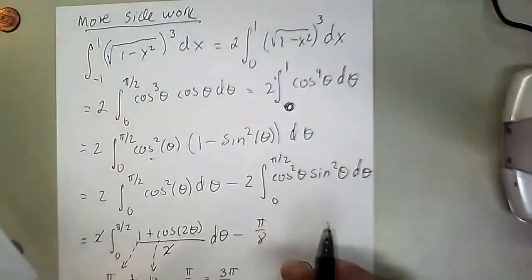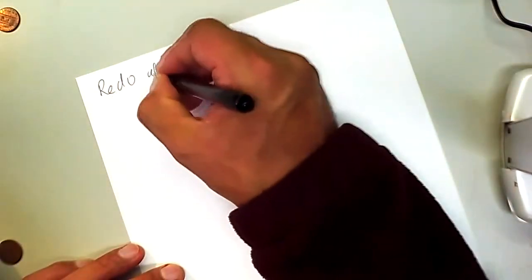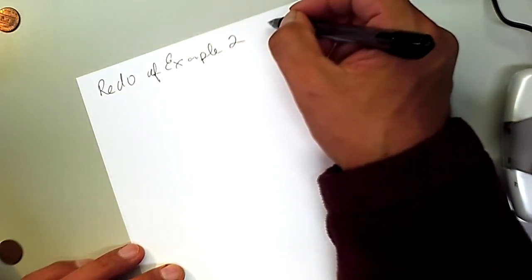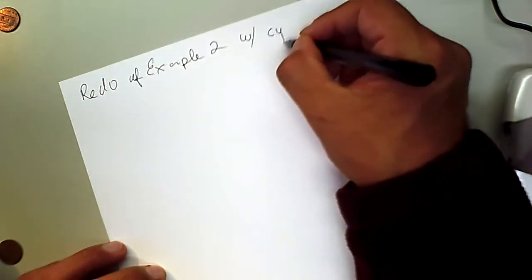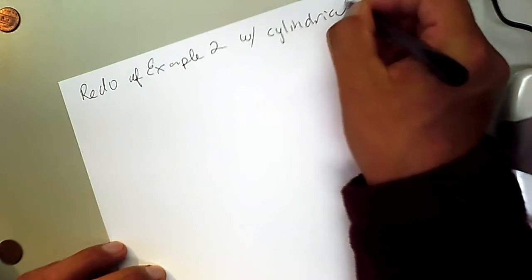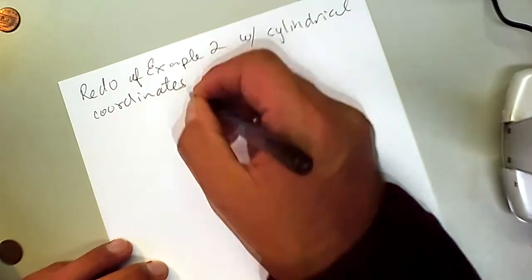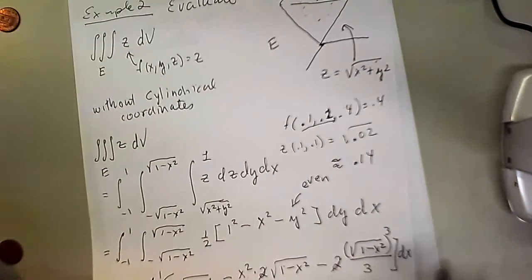Okay, let's redo this example. Redo of example 2 with cylindrical coordinates. So our original integral, example 2, is this one.